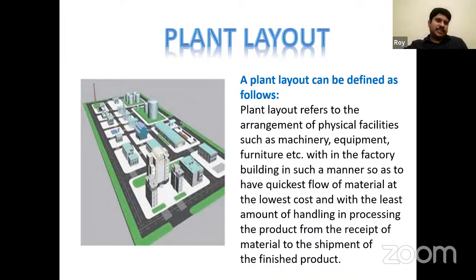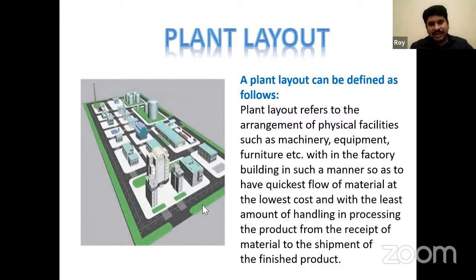The layout is designed in such a way that the material flows from a certain place till the final destination, till it loads the van, jeep, train, lorry, or whatever goods vehicle is carrying it, and definitely the cost will be low.